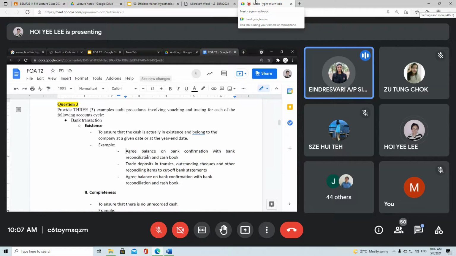So now your first procedure, agree balance on bank confirmation with the reconciliation and cash flow. Is this vouching or tracing? Tracing. Are you going from source document to accounting records or accounting records to source document? What is your accounting record here?